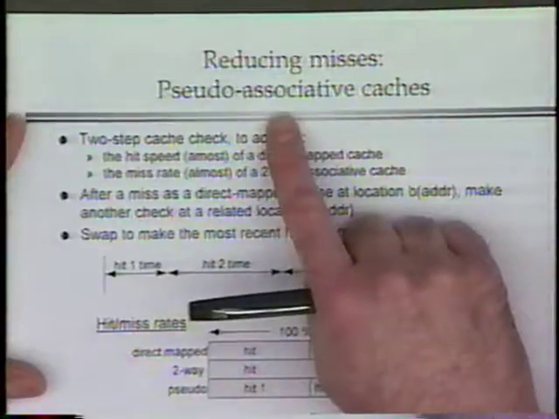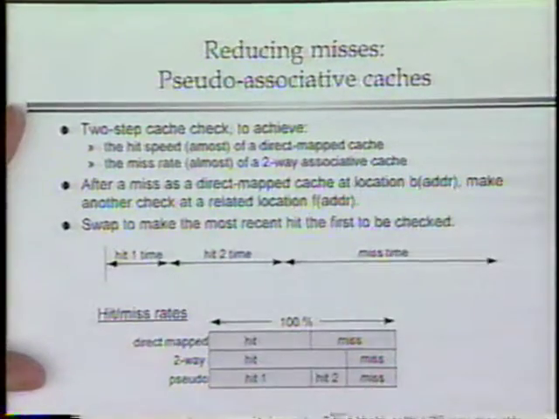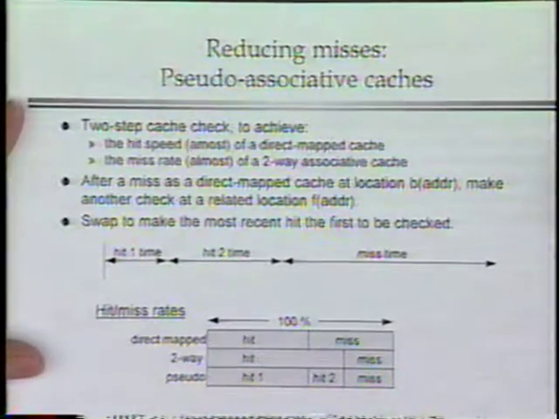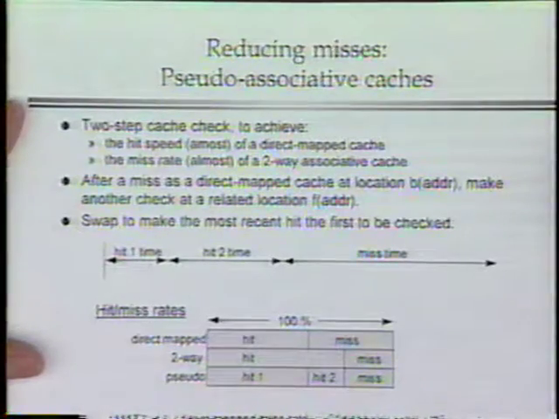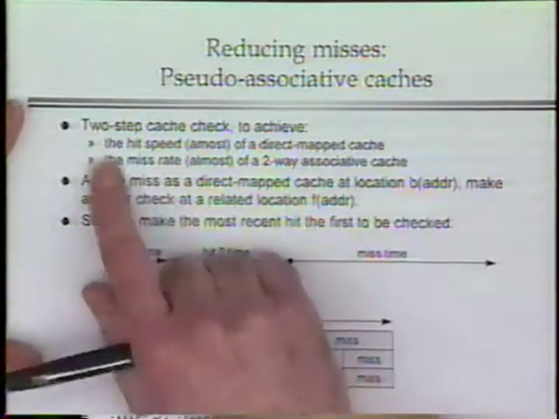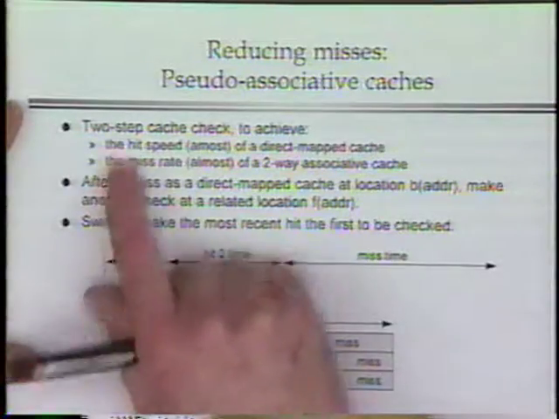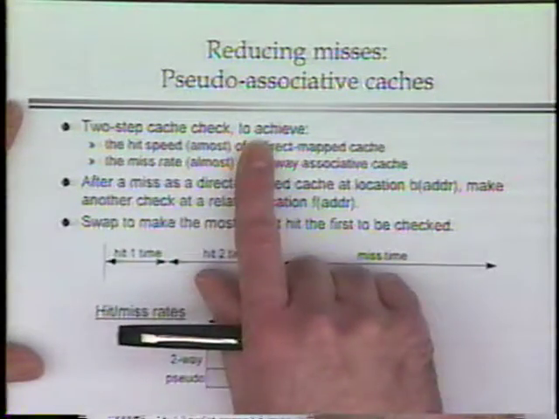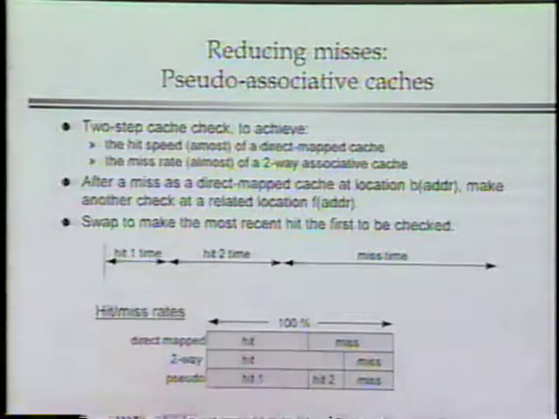Okay, here's another great idea which you'll also be looking at for part of the programming assignment. This is a way to get associativity when you're not willing to pay the price in the hardware to get associativity. Let's say that we have a direct map cache, and you do a lookup in 2 steps.